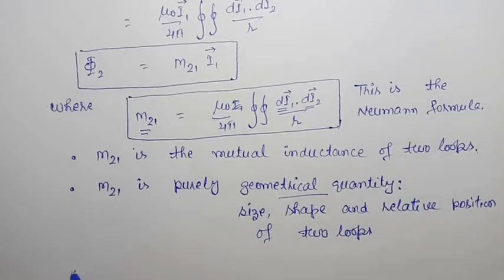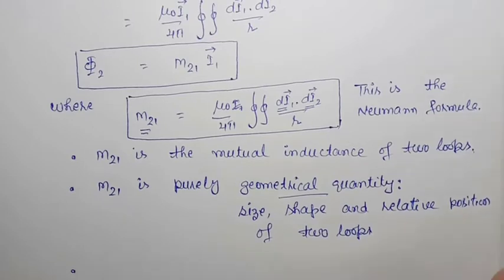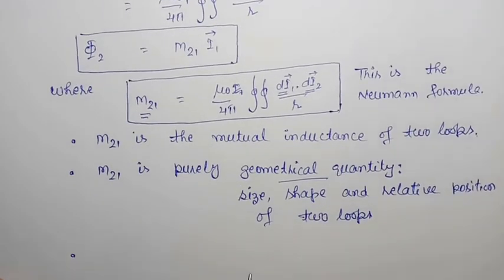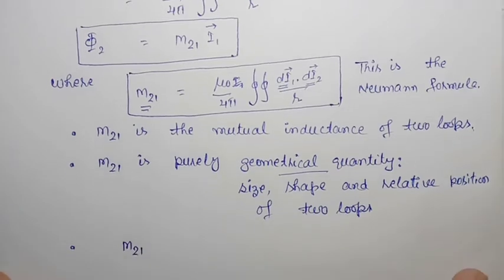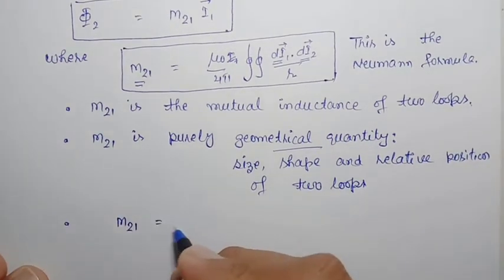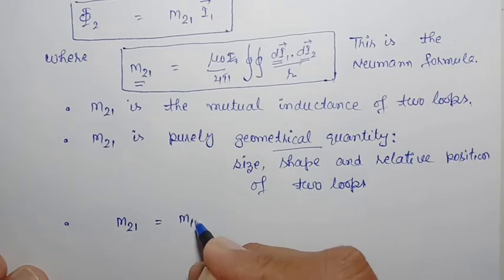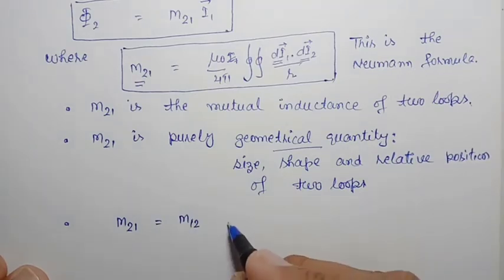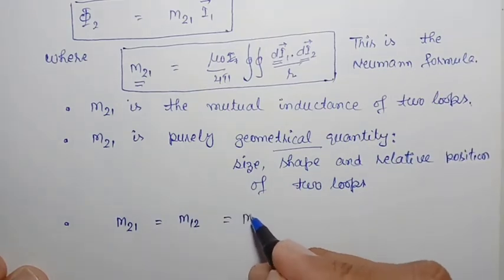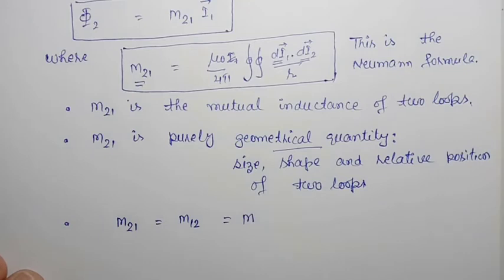Further, if we change the roles of loop 1 and loop 2, then we can write M21 equal to M12, or we can write this as M. Okay.